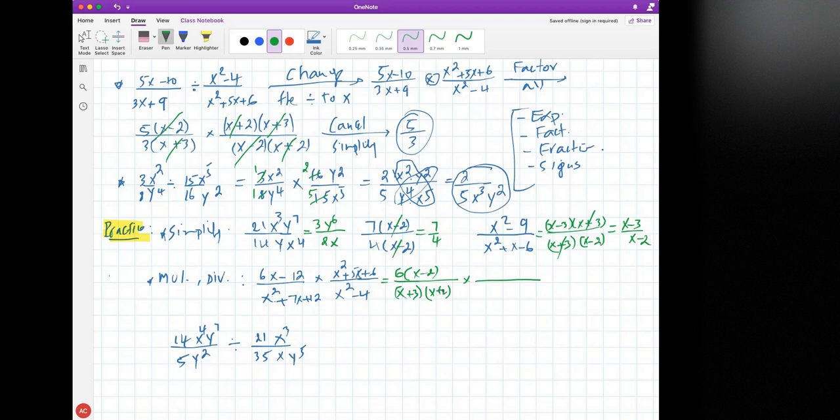Trinomial, and then another trinomial. It's x plus 2, x plus 3. And finally, a binomial, x minus 2, which I should multiply by x plus 2.